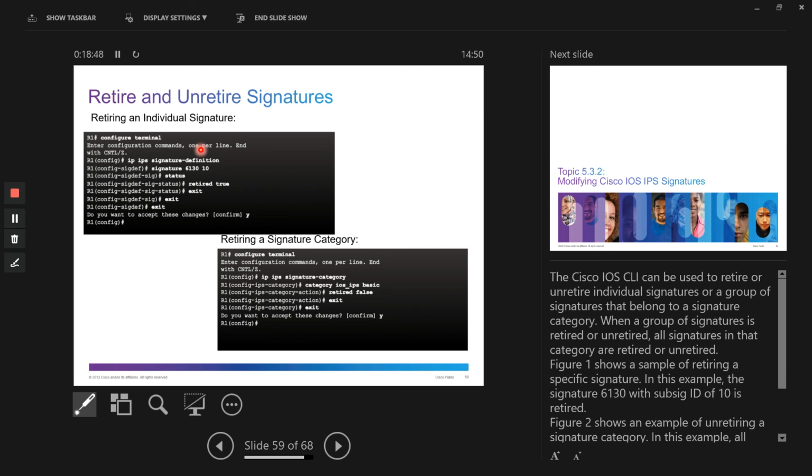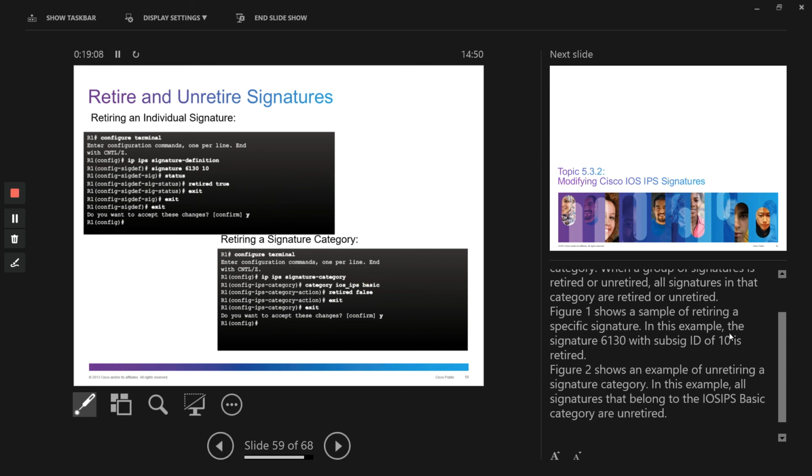In this example, signature 6130, with the sub ID of 10, is retired. In the next picture you can see unretiring a signature category, and in this example all the signatures that belong to the iOS IPS basic category are unretired.